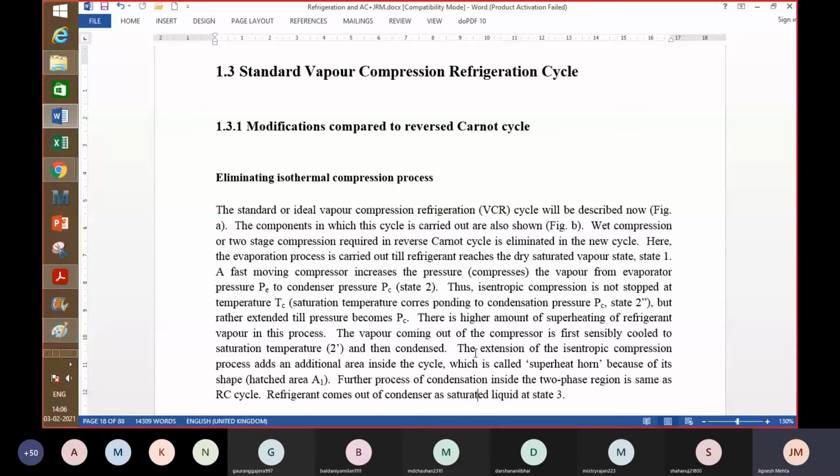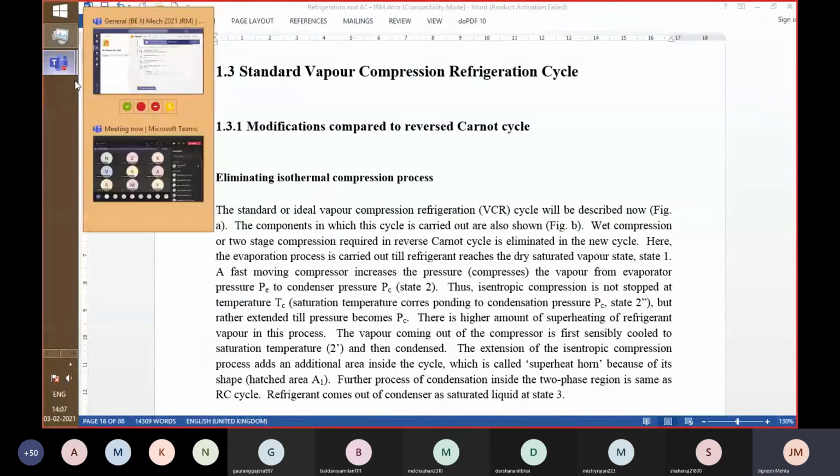There is no isothermal compressor. So that is one of the changes made. So let us discuss that change.